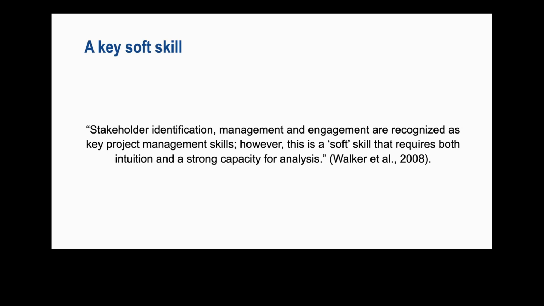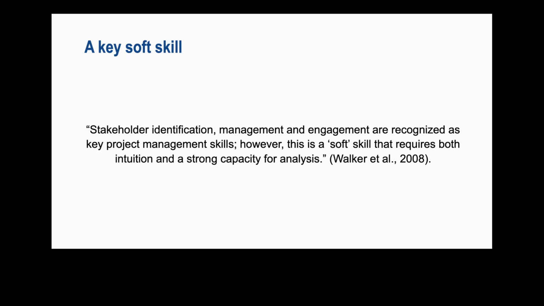It's very important for project management, absolutely, but how can we identify stakeholders? How can we retrieve this information from the teams, from stakeholders, potential stakeholders in the organizational context? So it really requires both intuition and also some capacity for analysis, some kind of strategy.